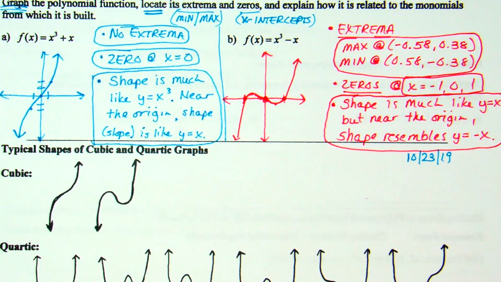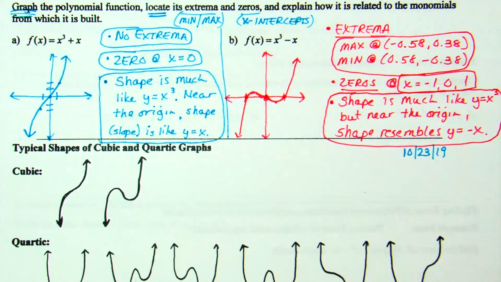Okay, that takes us into the bottom part of this page. In the bottom part of this page, we're going to look at options of what a cubic graph and what a quartic graph can look like. So when I say cubic, what do I mean by cubic?